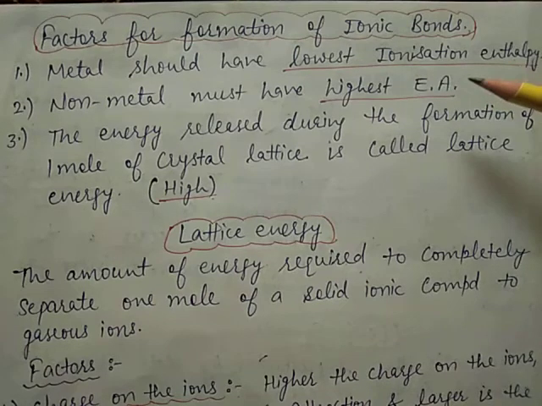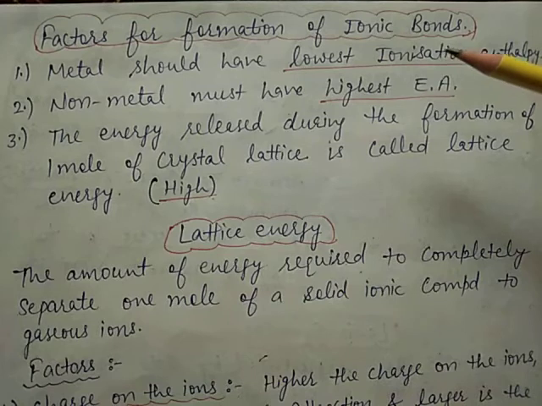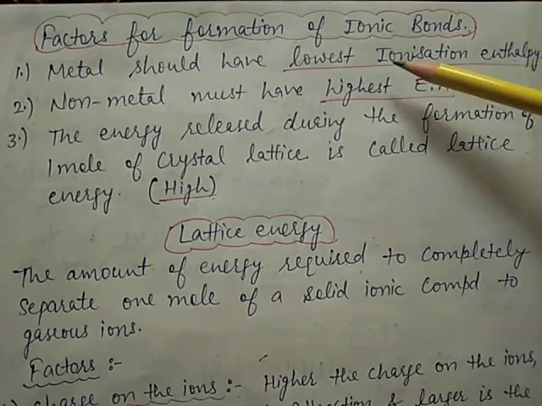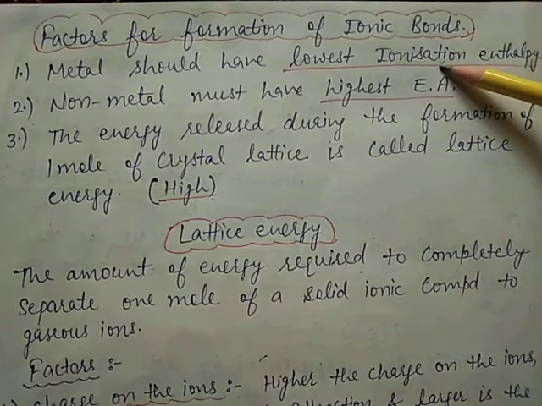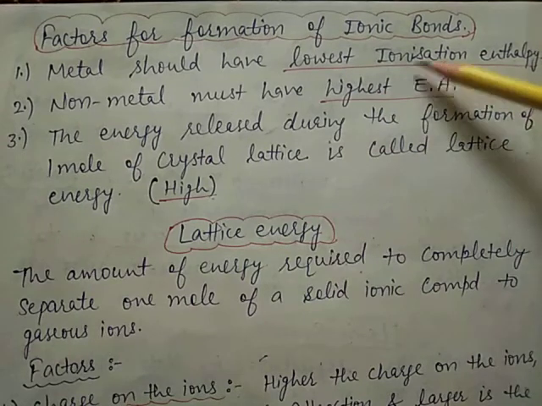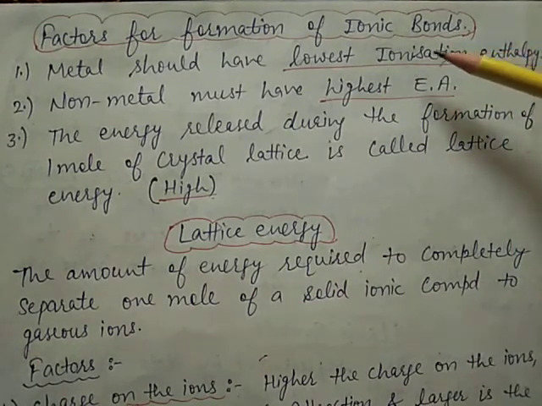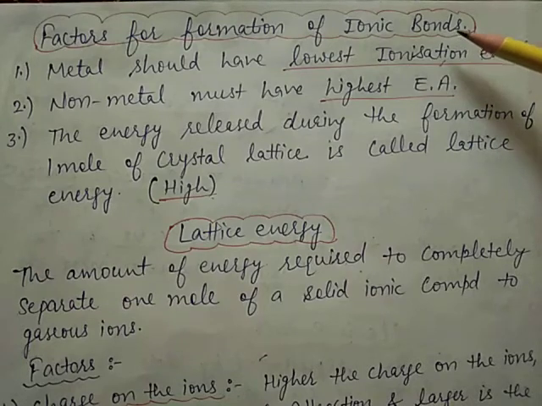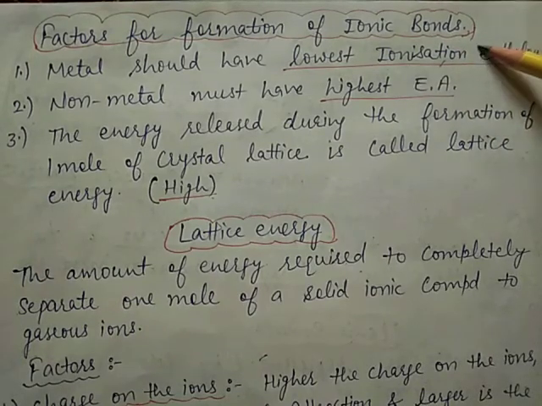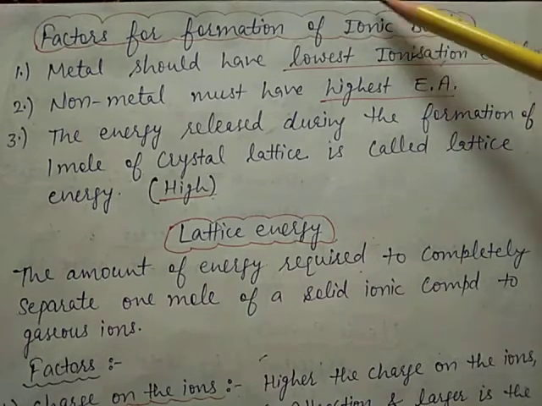Ionization enthalpy means the amount of energy required to remove the most loosely bound electron from an isolated gaseous atom to form a positive ion. So the lesser the ionization enthalpy of a metal atom, the greater is the tendency to lose electrons.